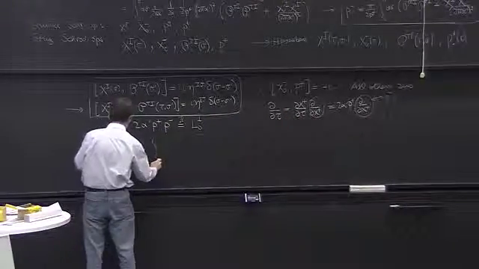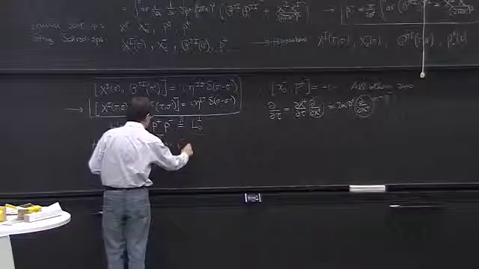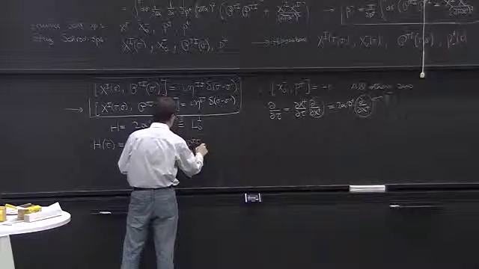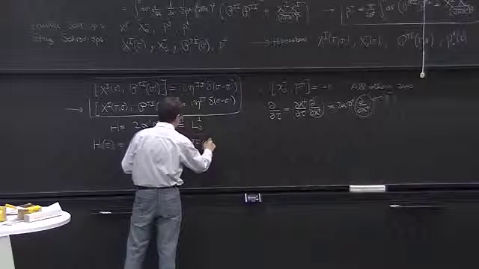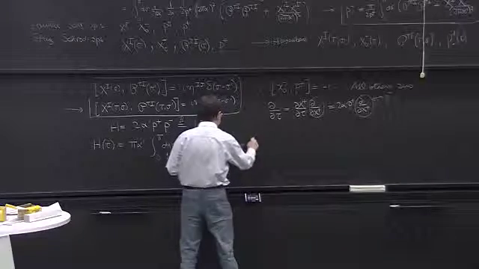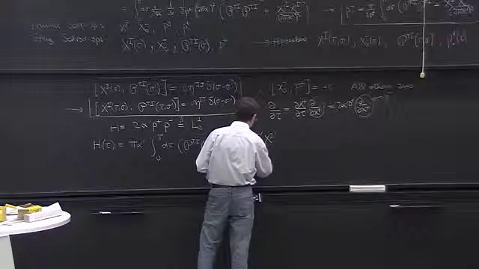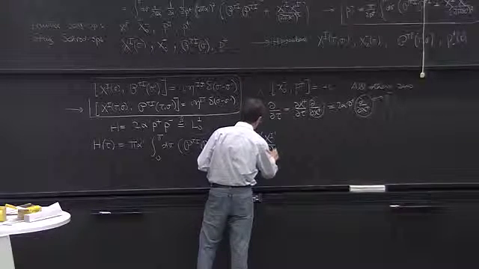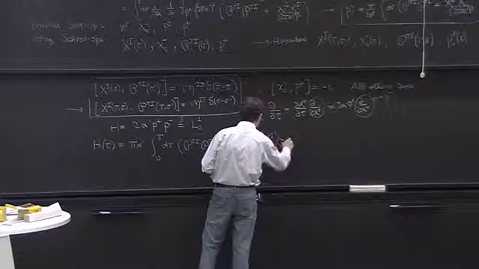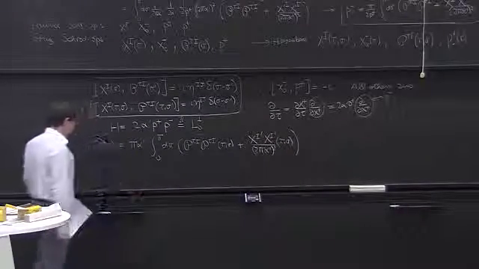This would be the integral from 0 to pi d sigma of P^{tau I} times P^{tau I}, all this of tau and sigma, plus X prime over 2 pi alpha prime squared, and this is still of tau and sigma. So this is our Hamiltonian.